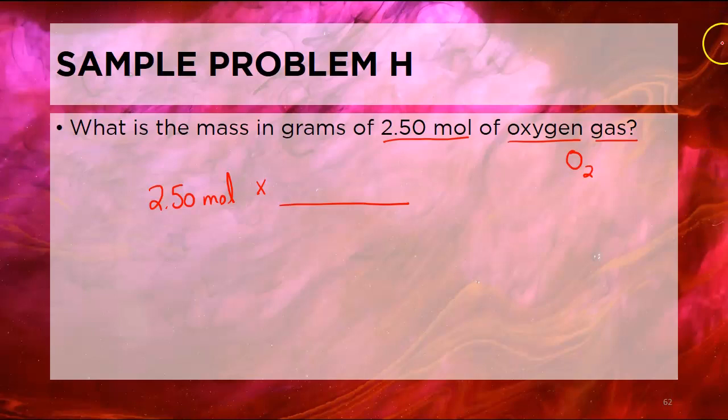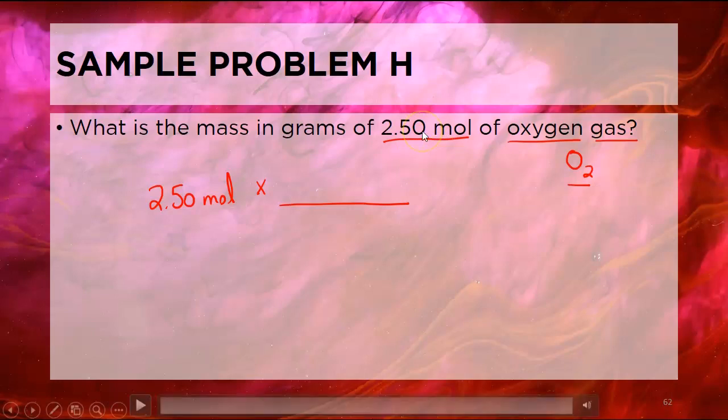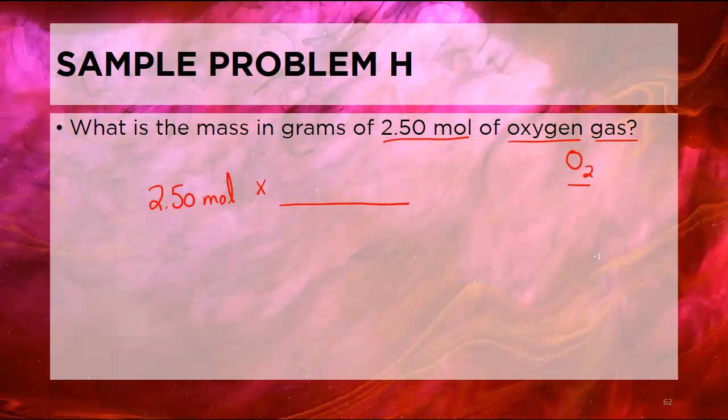So from our previous homework, how am I going to get the molar mass of O2? Where can I find that? And where can I find the molar mass of oxygen? Remember? Where do I get that information?